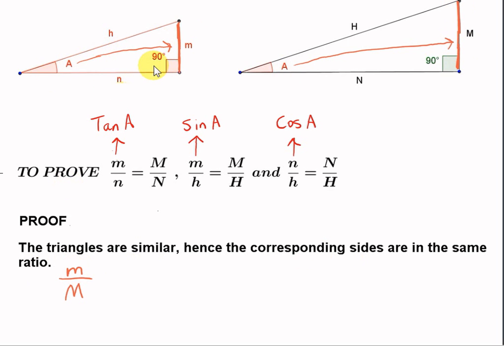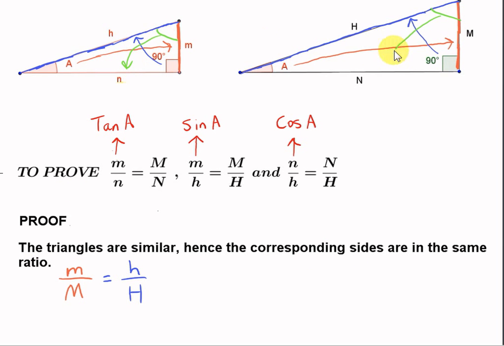Let's take another pair of corresponding sides. Let's take the sides opposite the 90-degree angle. These are corresponding sides. Let's take the ratio of these sides. Well, for the numerator we have to take the side from the small triangle first. So we have to take little h and divide by big H, because for this first ratio we had little m over big M. Finally, let's look at the remaining pair of corresponding sides.